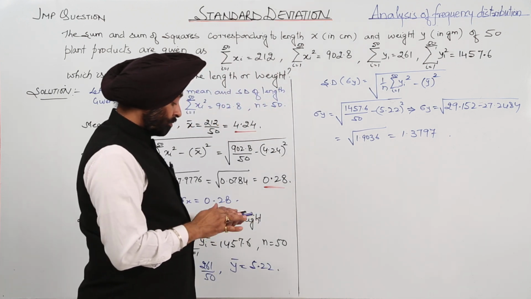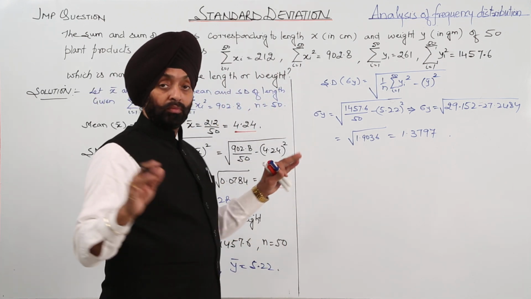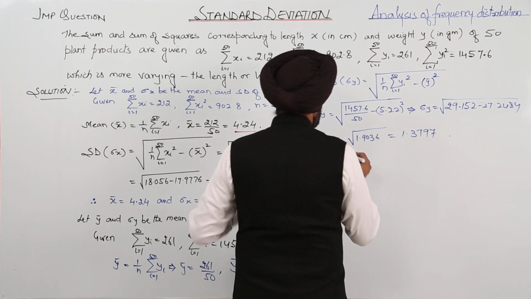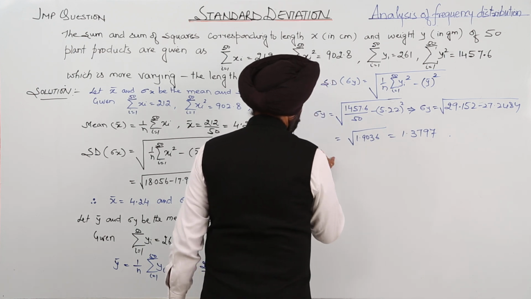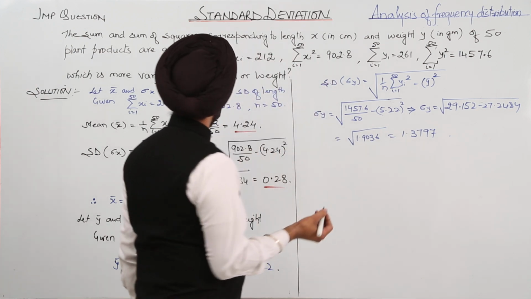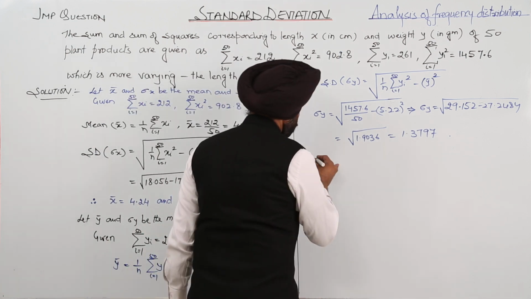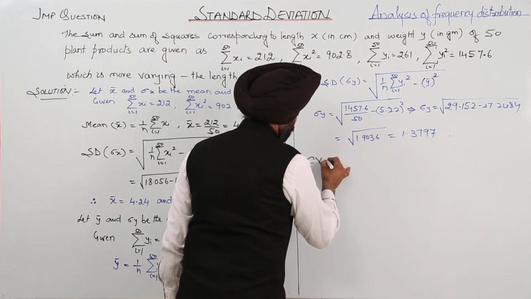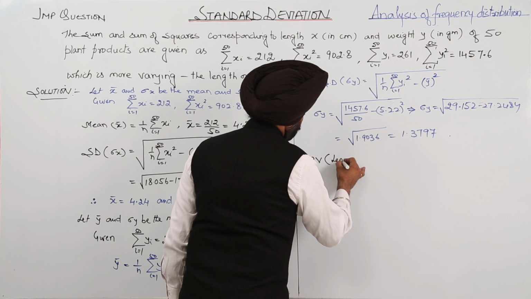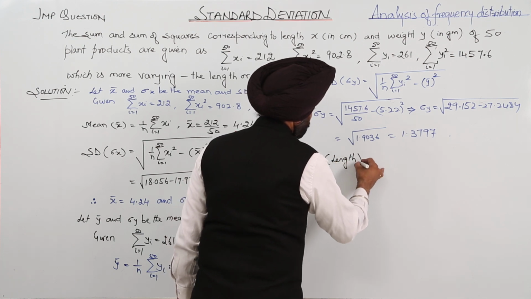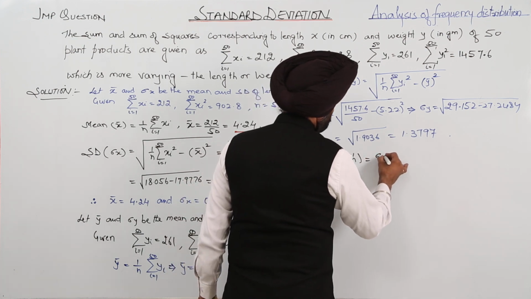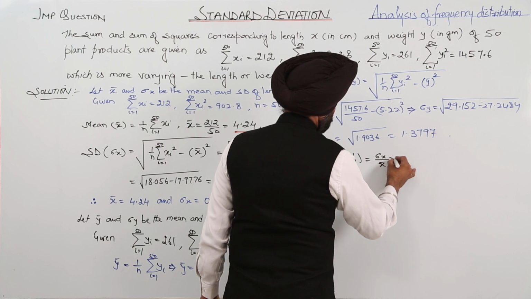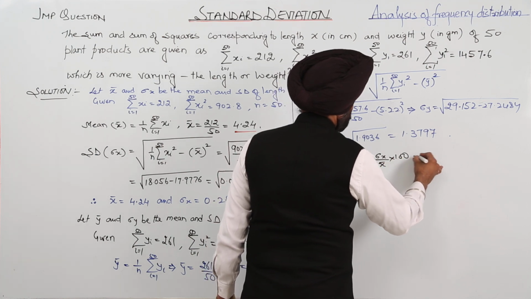Now we have done half part of the question. We want just to check the CV now. Coefficient of variation of length is equal to standard deviation upon mean into 100.